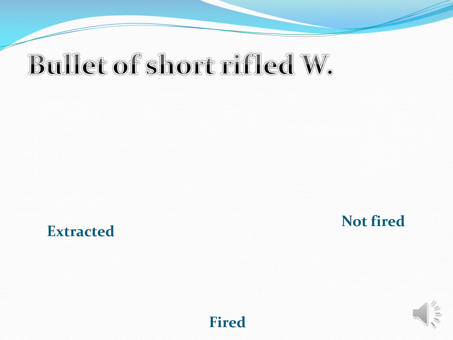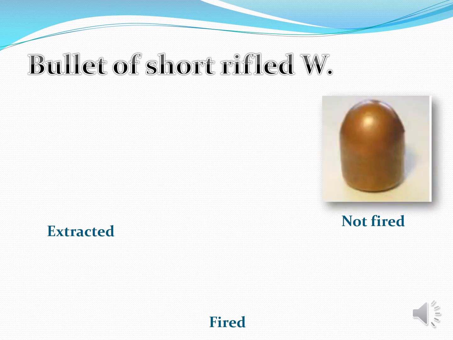Bullets of short rifled weapon. Okay. What about this image? Fired or not? It is not fired. Why? There is no rifling marks on the bullet. Okay, the specimen is a jacketed non-fired bullet of short rifled weapon.